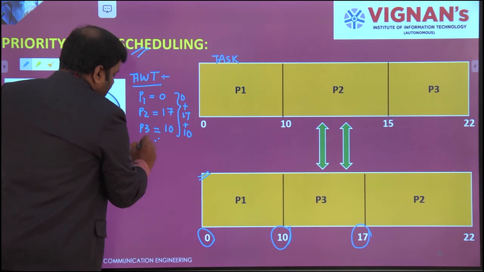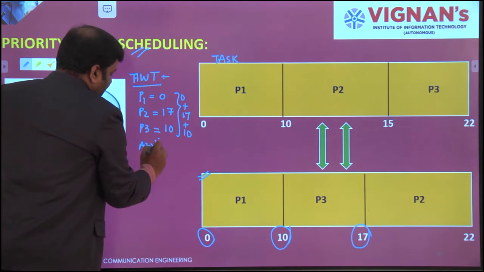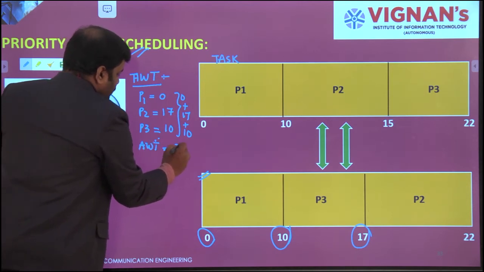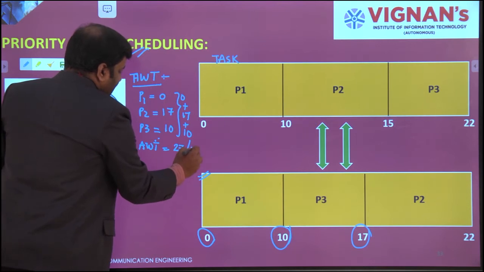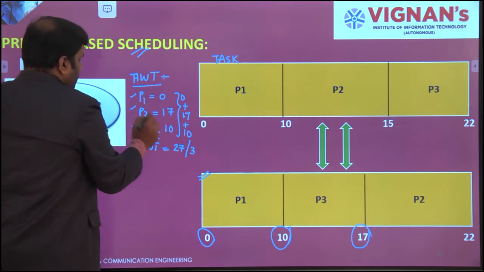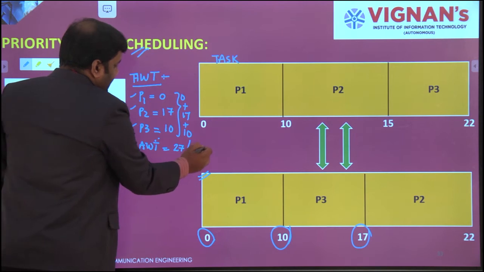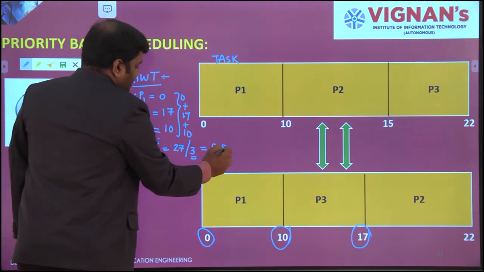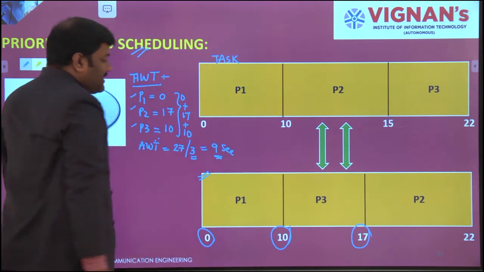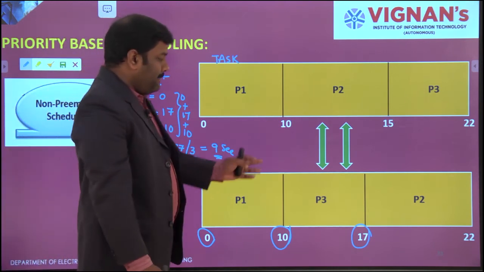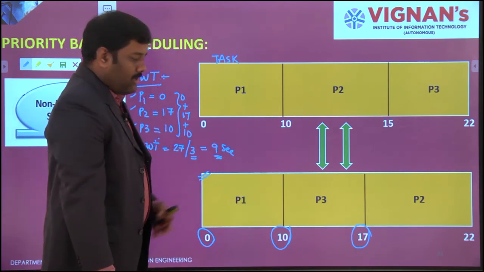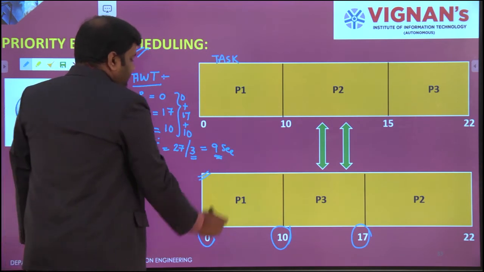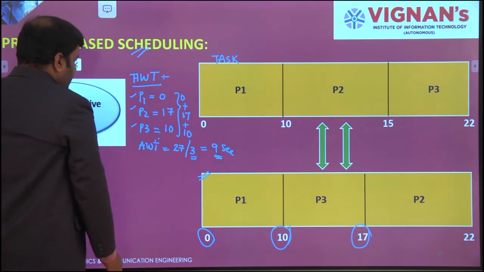How much is it? That is 27. And whenever I need to calculate an average, I have 3 processes, so the denominator is 3, and I have 9 seconds. So the average waiting time of each process is 9 seconds.